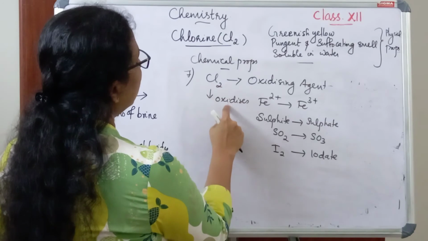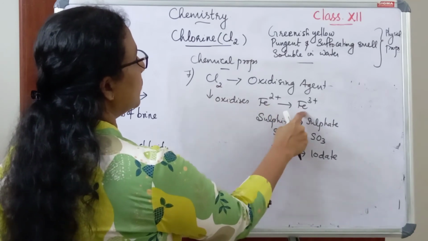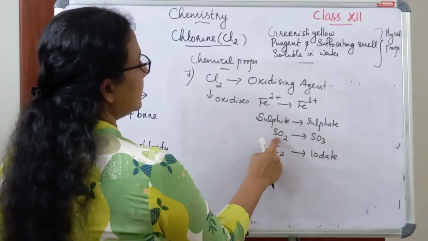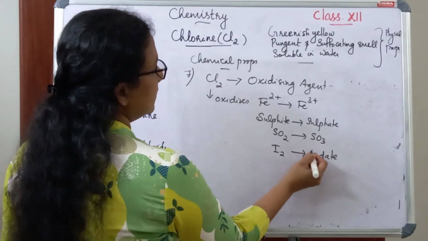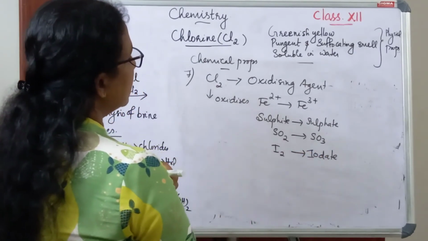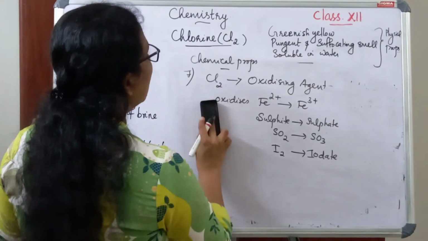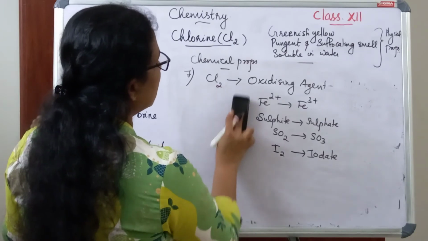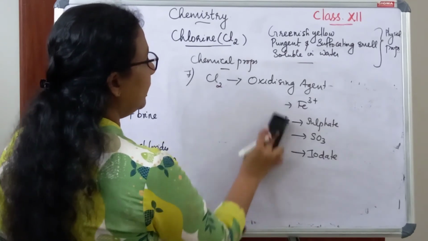That is, chlorine oxidizes Fe2+ ferrous to ferric, Fe2+ to Fe3+, sulfite to sulfate, SO2 to SO3, I2 to iodate. So these are the three oxidation reactions that we need to study for the oxidizing property of chlorine. So first of all, let's see with Fe2+.